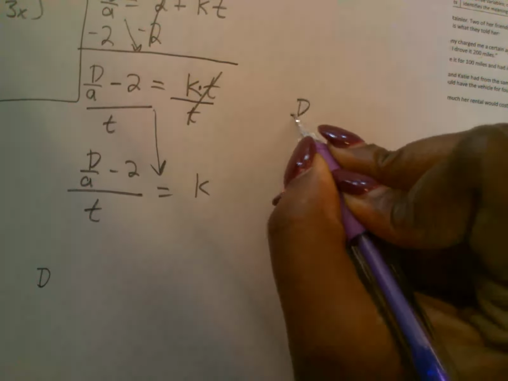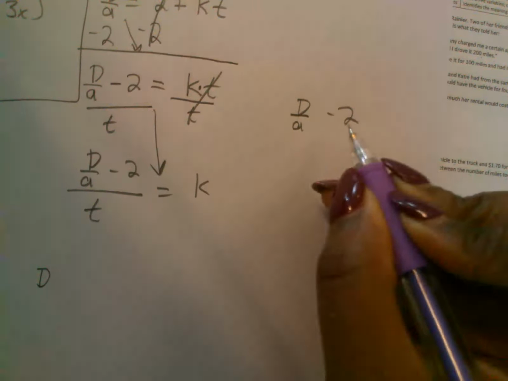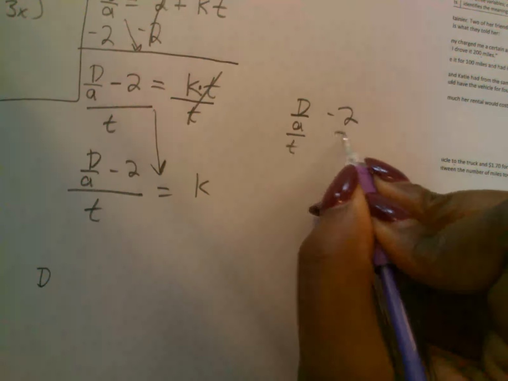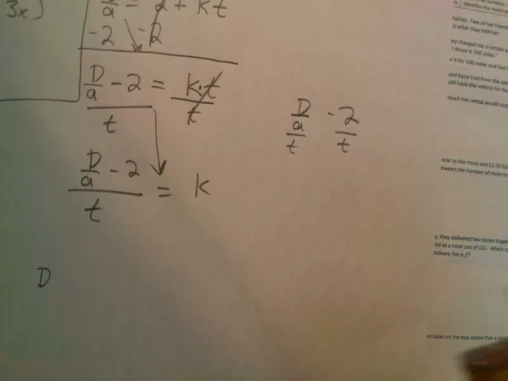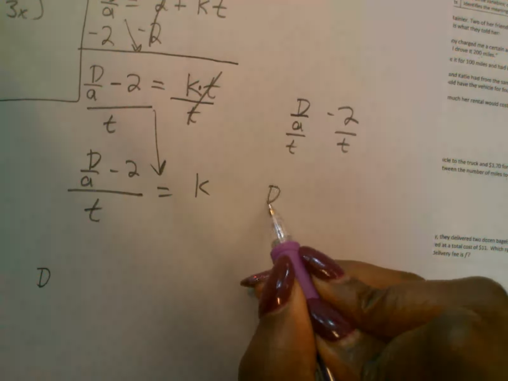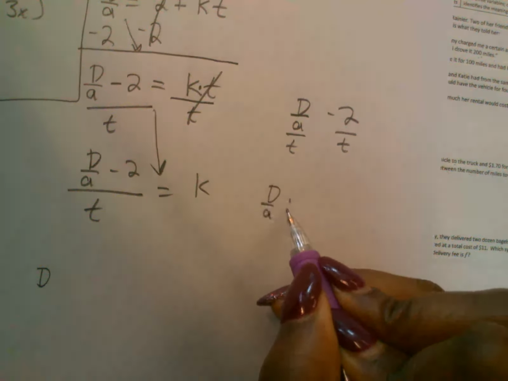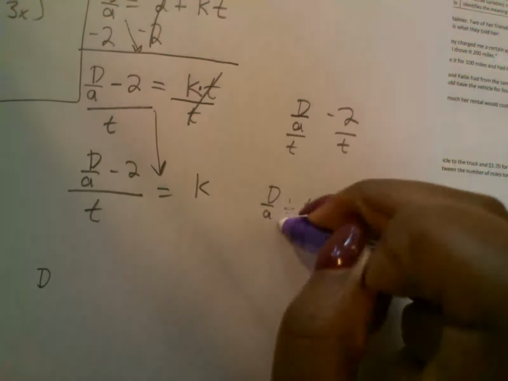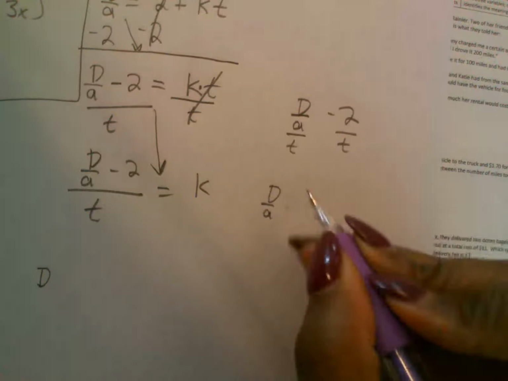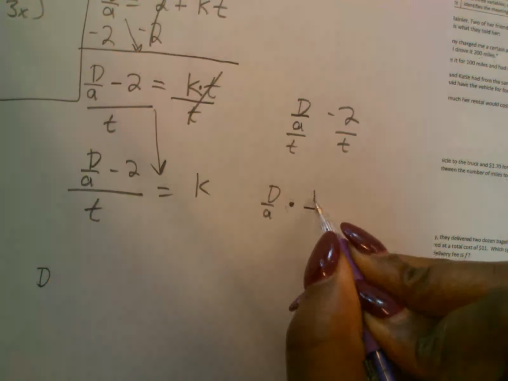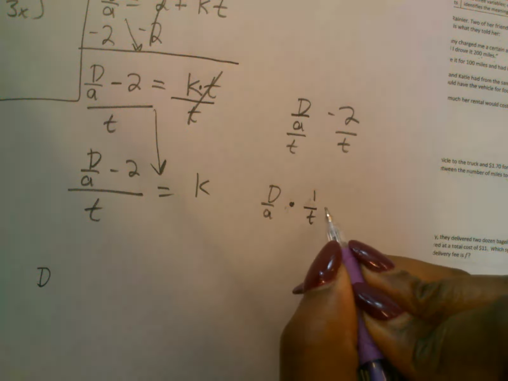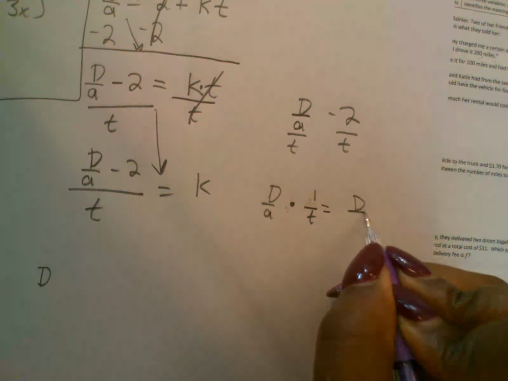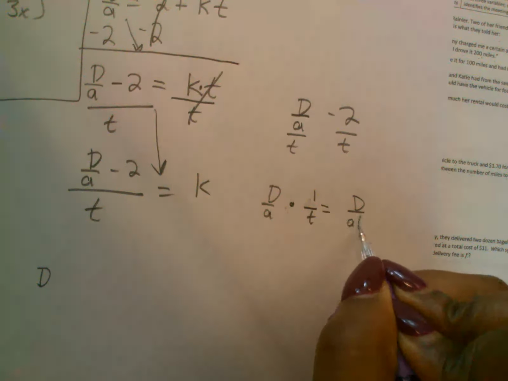If I have D over A minus 2 on the top, you're dividing essentially everything by T. Think about it a different way. So this is D over A divided by T, which is the same as multiplying by the reciprocal. When I multiply by the reciprocal, 1 over T, this would be D over AT.